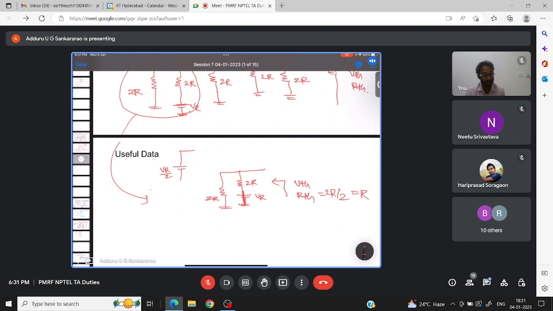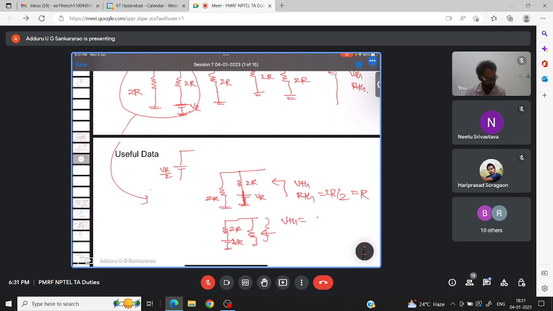Now what is VTH? The same one I can redraw like this: VR, 2R, R. Now from here the voltage is the same as that one. Voltage division principle you can apply.